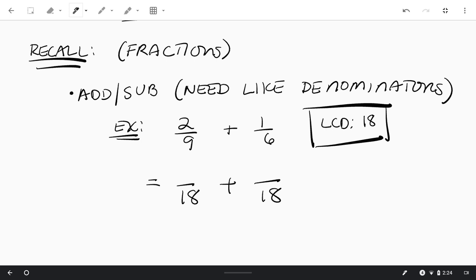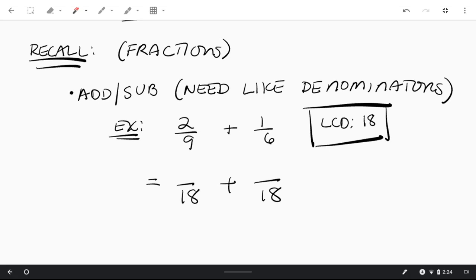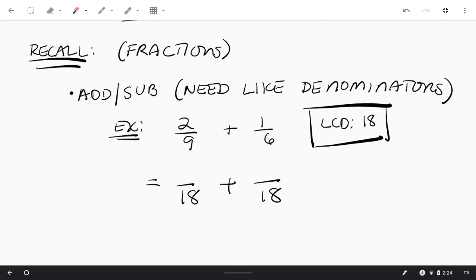Okay, so let me change colors here. All right, so in order to turn that 9 into 18, I would need to multiply it by 2. But you can't just multiply the 9 by 2 because then you change the value of 2 over 9. So what you're going to do is multiply by the number 1, because anything times 1 is itself.